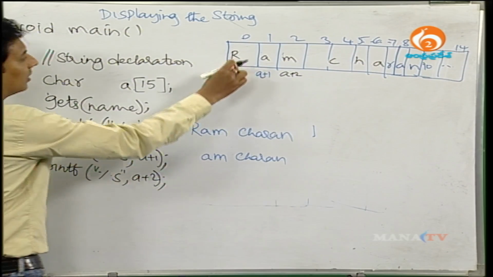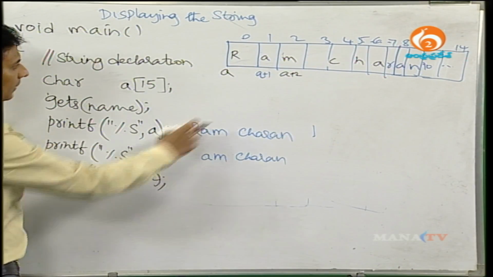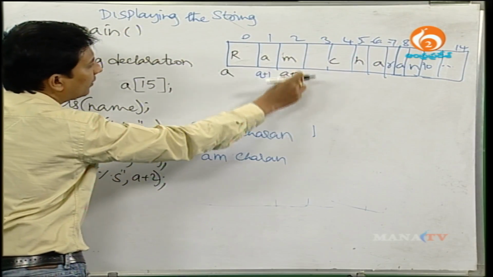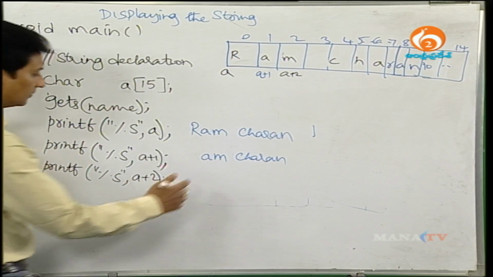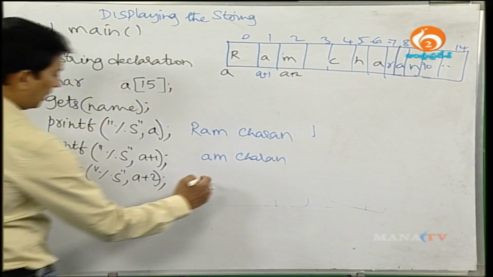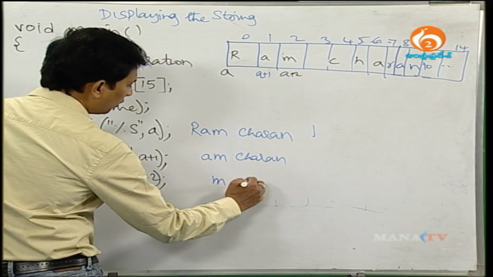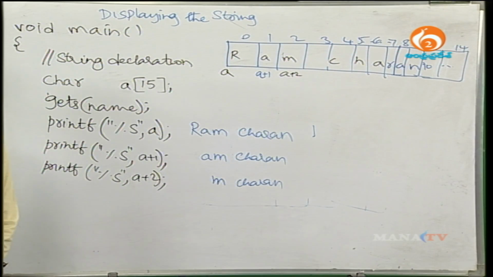This a plus 1 will be ignored, only from wherever the a plus 2 address is, from that till \0 is displayed, means here M space Charan only is displayed.